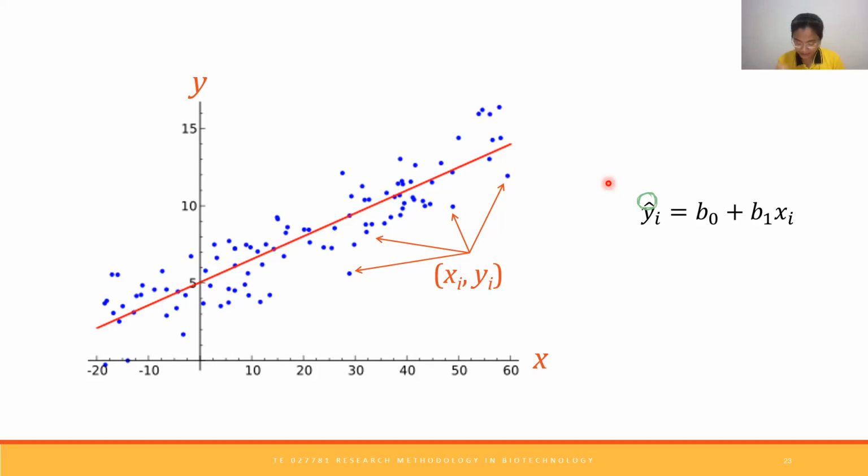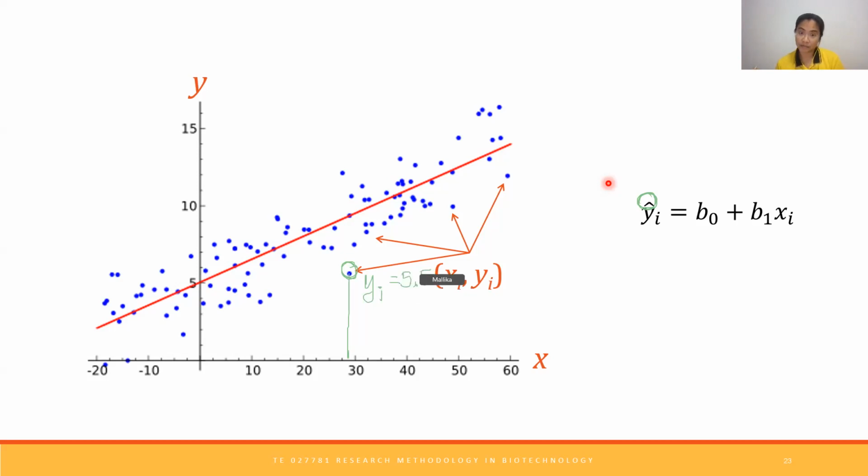Okay, so let's see. I'll take this example again, this point. At about 29, your experiment gives you a value of about 5.5. So this 5.5 will be your yi.